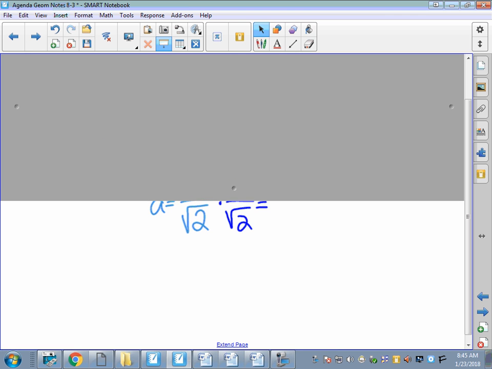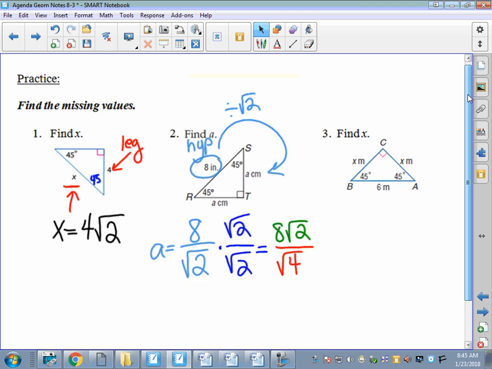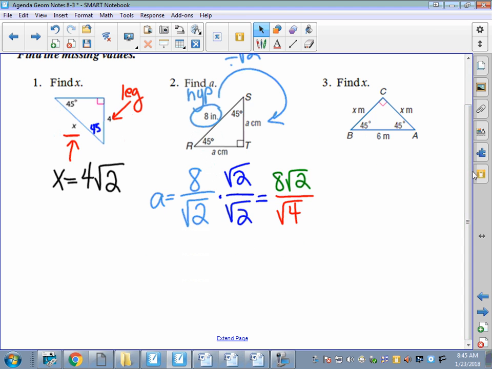Denominator: square root of 2 times the square root of 2, if we're being technical, square root of 4. But of course, everybody's going to simplify that, right? Square root of 4 is actually 2. So I've got 8 square roots of 2 over 2. Look really carefully. If I ignore the square root of 2 and I look at the 8 halves, you're going to simplify that down.